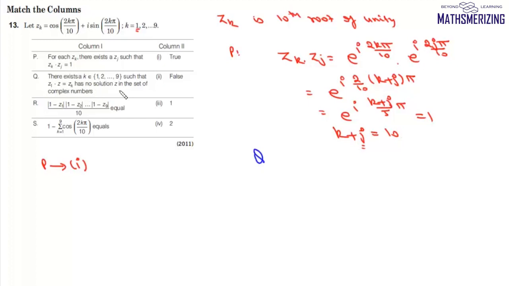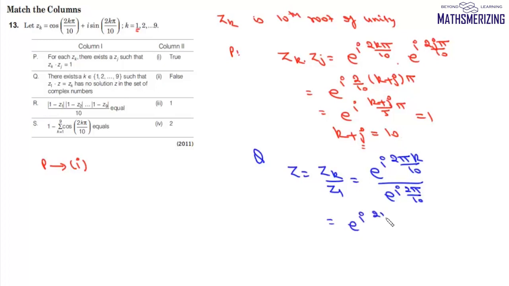Now Q says there exists a k such that z1 into z is equal to zk has no solution z in the set of complex numbers. Now we can write this z as zk upon z1. Now zk is e to the power i 2πk/10 upon e to the power i 2π/10, which is e to the power i 2π/10 into (k minus 1).